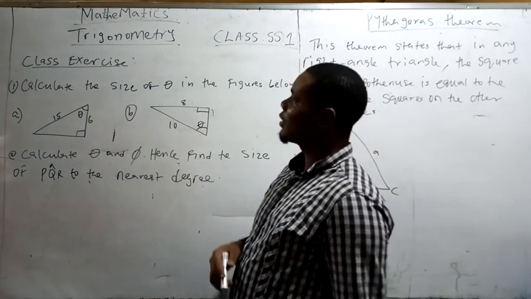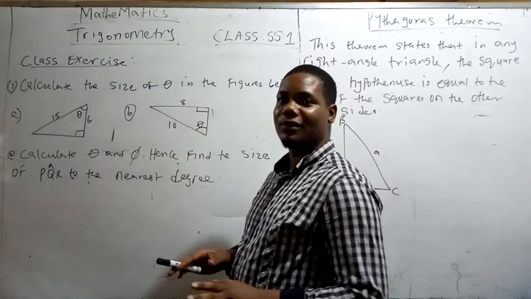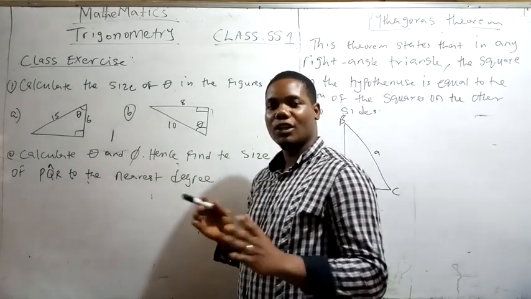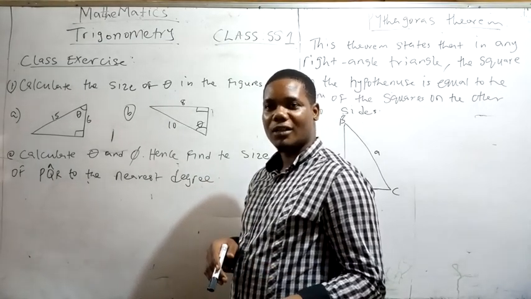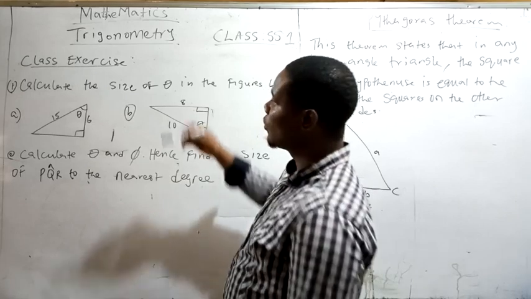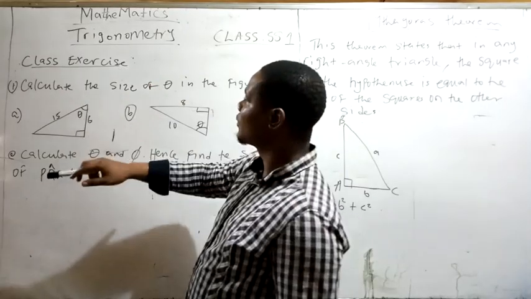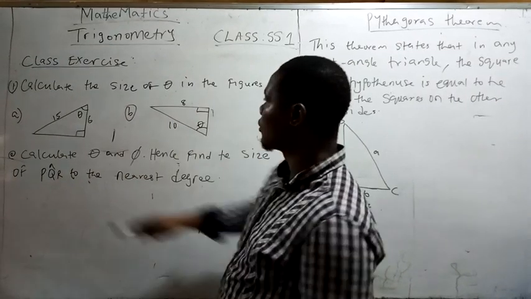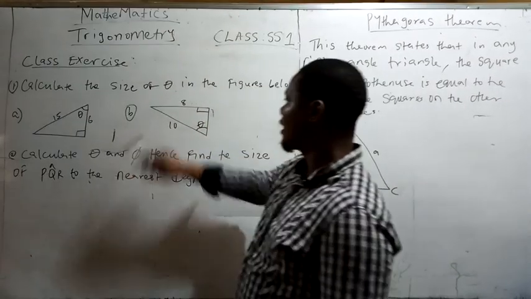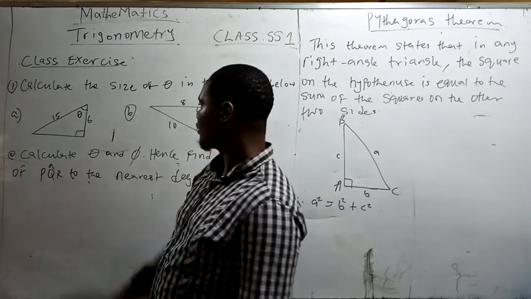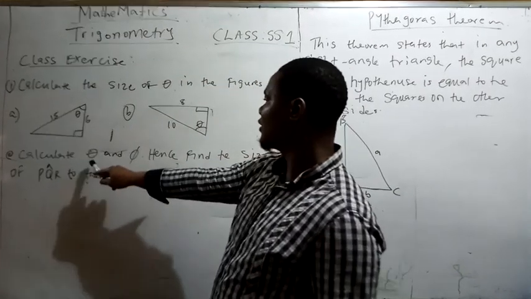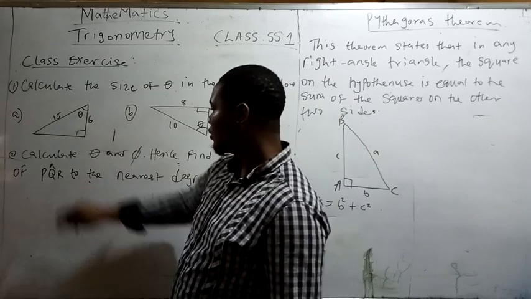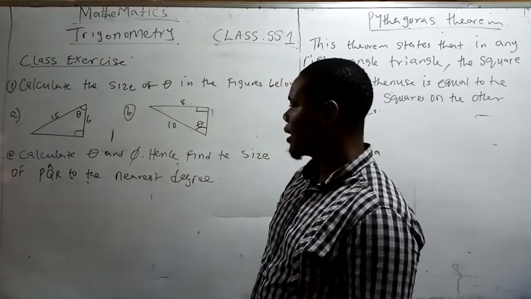Okay, having understood how to differentiate between the sine, the cosine, and the tangent, and when to use them, we have some exercises here. The first one says calculate the size of theta in the figures below. We have A and B. Then question 2 says calculate theta and rho, hence find the size of triangle PQR.